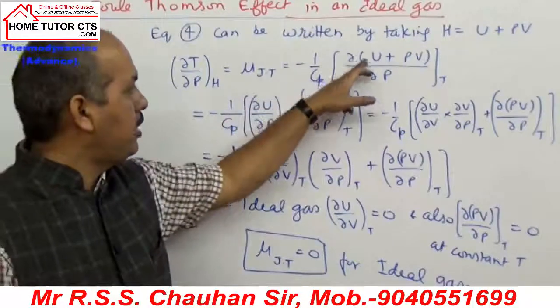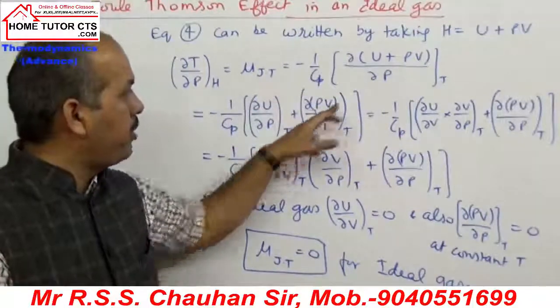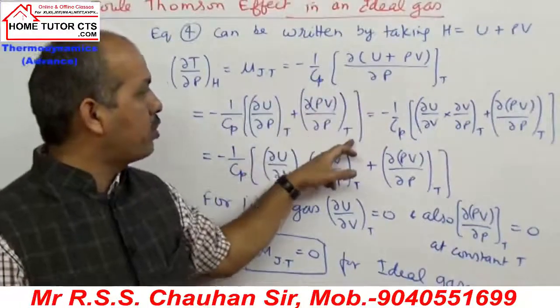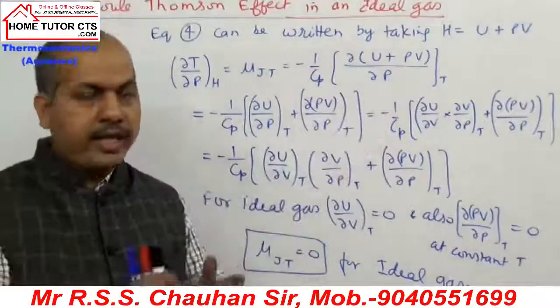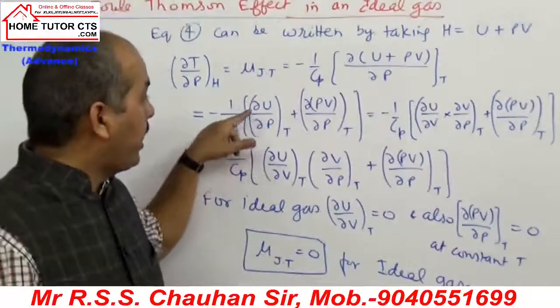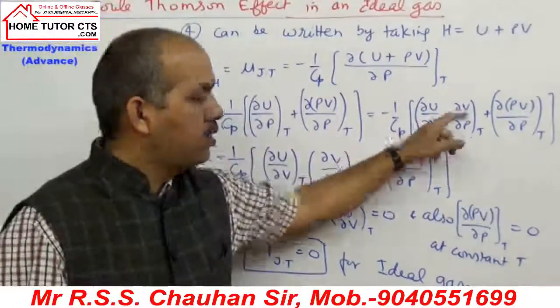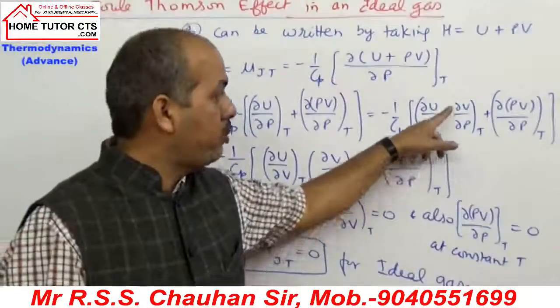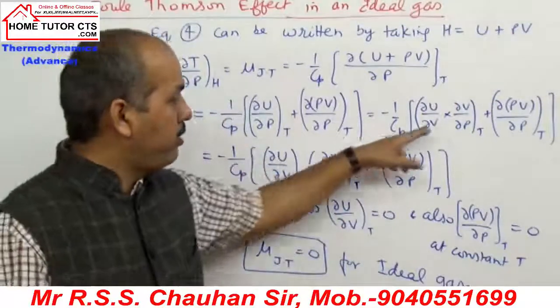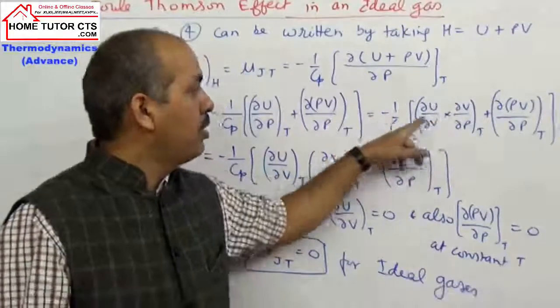This can be written as del U by del P at constant temperature, plus del Pv by del P at constant temperature. Then we can write this expression by multiplying and dividing by dV. So when we divide and multiply, what do you get?